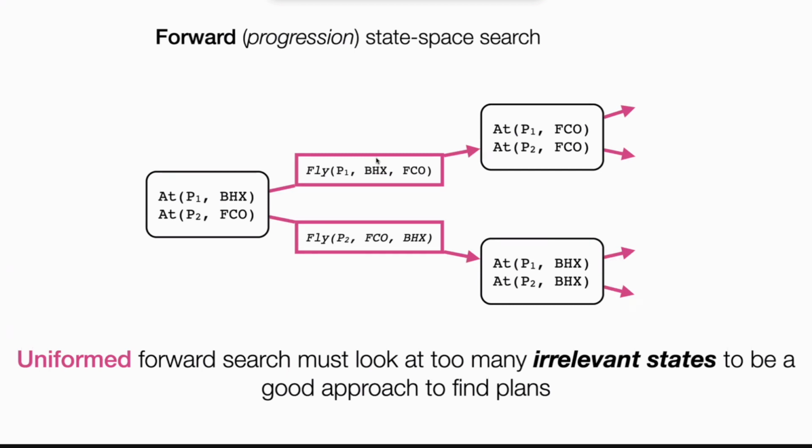If we go back and look at this slide, we said doing forward state space search is bad. So we did two things. Instead of forward, we looked at backward. But what else could we do to make our search algorithms more efficient on these problems? What else could we do? We didn't want to do backward search.